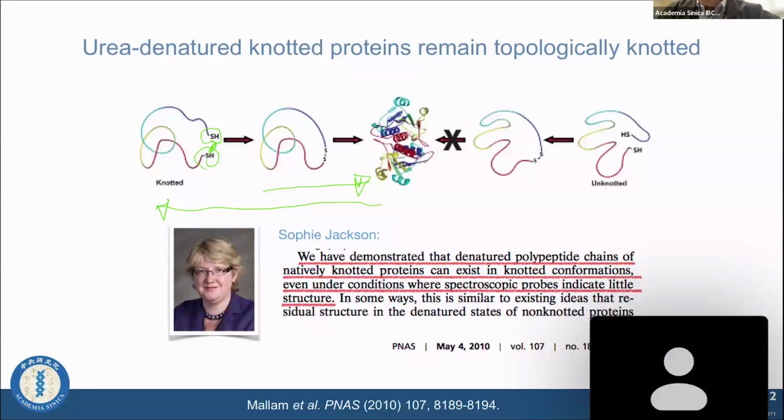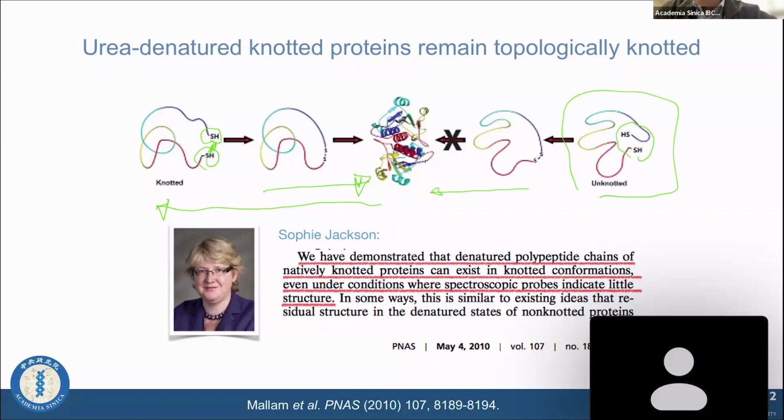If this protein becomes unknotted under denaturing condition, so this becomes a linear chain or it becomes trivial, the cross-linking will then prevent the knotting process from happening when it returns to the native condition.